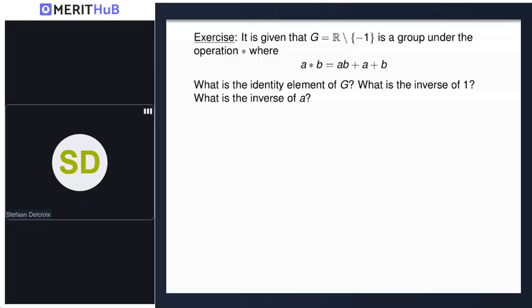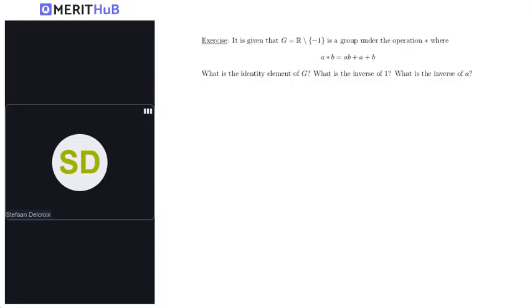And what's the inverse of A in general? So let's maybe, just to do an example, could you tell me what 2 star 3 is? It's 11. 2 times 3 plus 2 plus 3 is 11. So it's a weird operation, but 2 star 3 is 11.